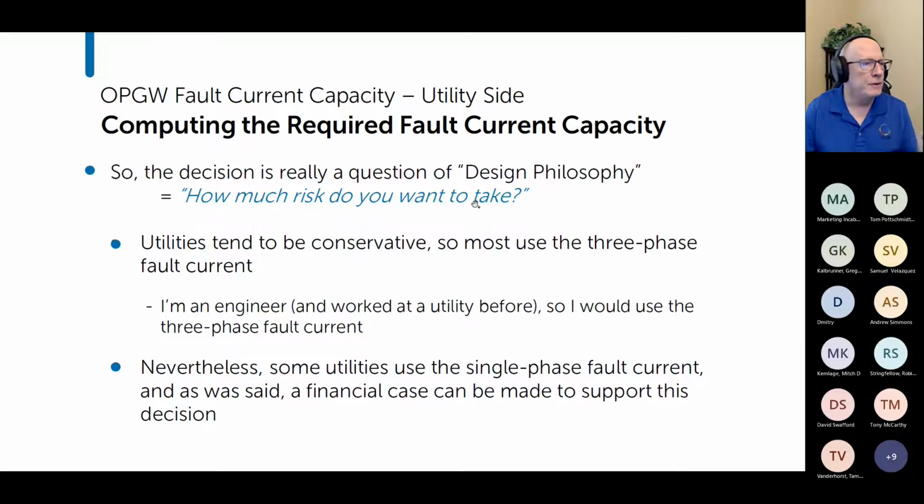Now, utilities tend to be conservative, so most do use that three-phase fault current. And I myself am an engineer, and at one point in my career, I worked at a utility, so I would use the three-phase fault current. But nevertheless, there are some utilities that do use the single-phase fault current because, as was said, you can make a financial case. It is a rational decision to do so.